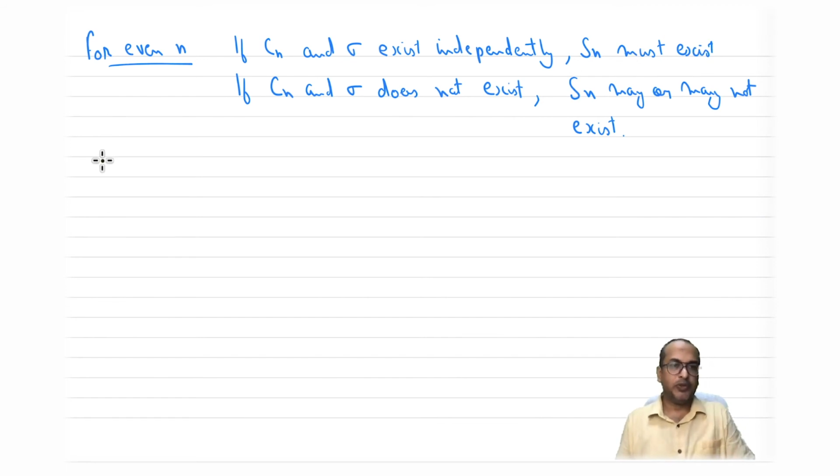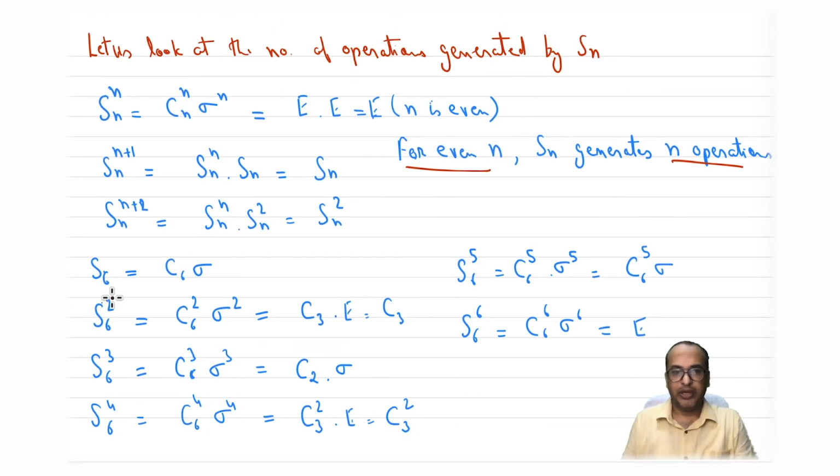One more interesting thing: when S6 was present, three operations were present. There is C3, there is C3 squared, there is E, right?